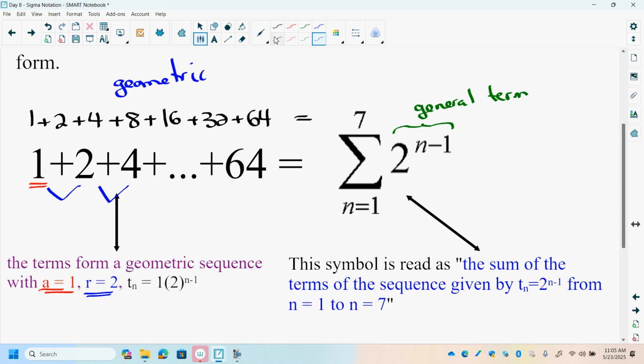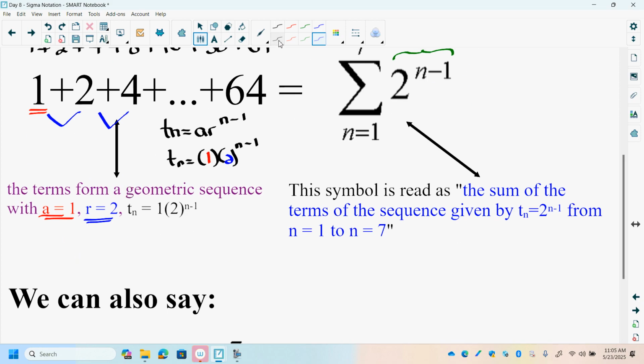How do you find the general term for a geometric sequence or a geometric series? We use this formula. And when you want the general term, you just fill A and R in and you leave n alone. A is a 1, R is a 2. Now know that I can actually simplify this.